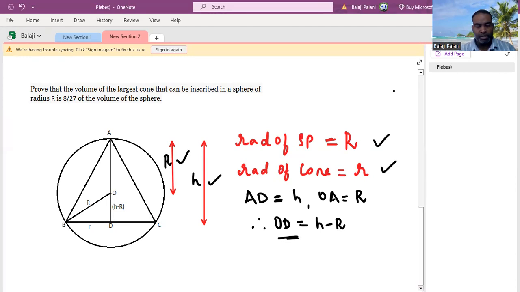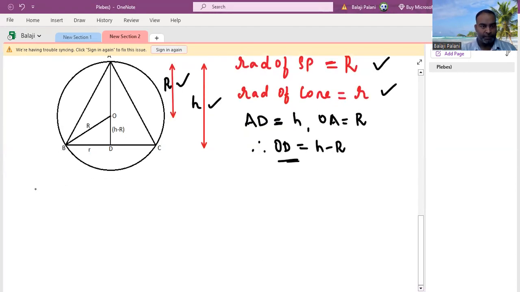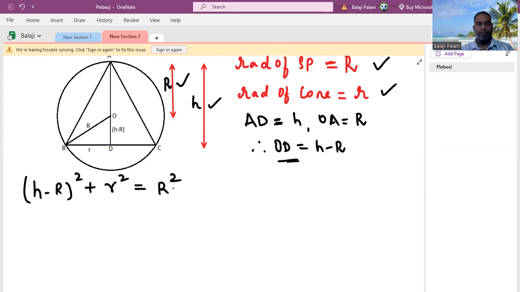Now, what is the Pythagoras theorem for this right triangle? (H minus R) the whole square plus r square is equal to capital R square. Hope this is clear. OB, or capital R, is the hypotenuse for the right triangle. So I got the Pythagoras theorem here.